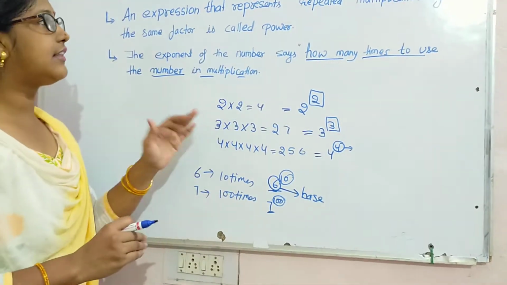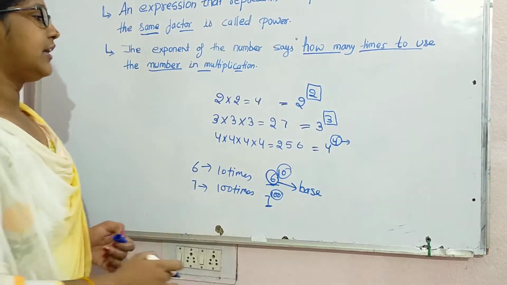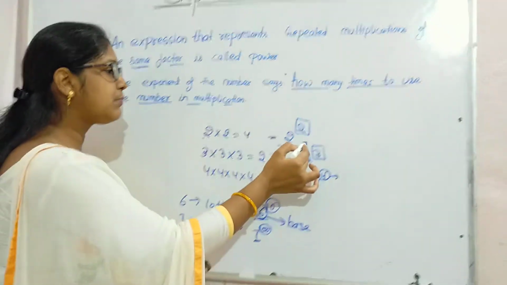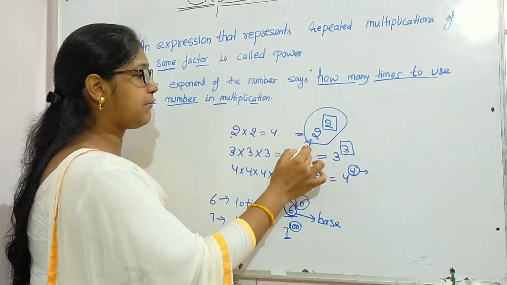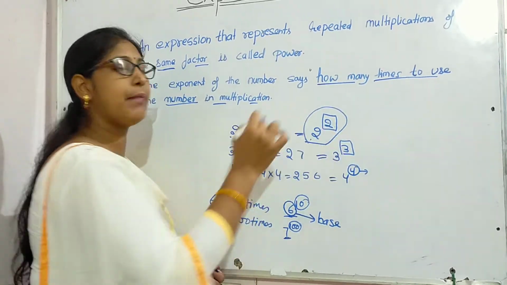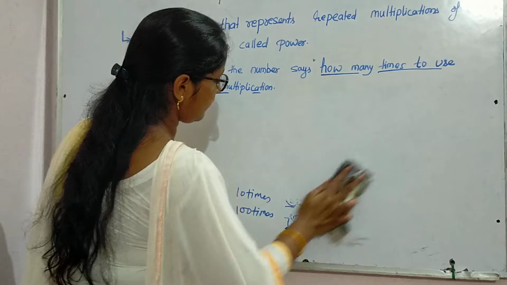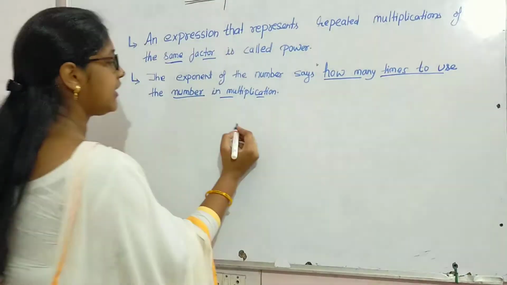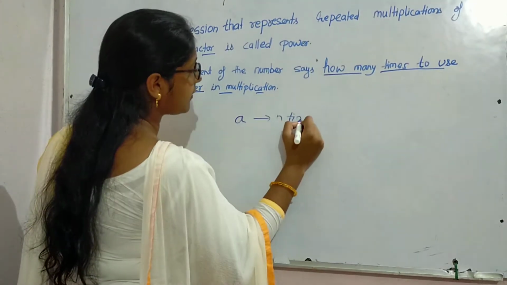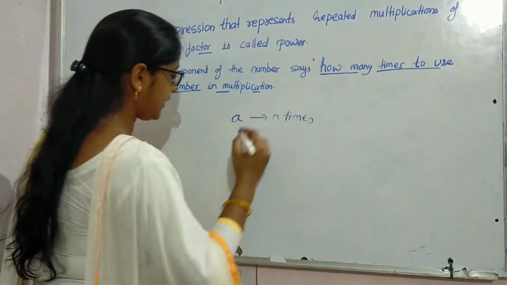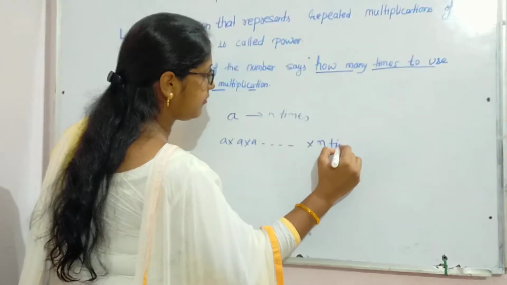So an expression that represents repeated multiplication of the same factors is called a power. Here we can say that 2 to the power 2 is an expression which explains that 2 is multiplied 2 times, then the whole expression is said to be a power. So when we understand in a general way, suppose we have a number a which is multiplied n times, so we can write it a into a up to n times.